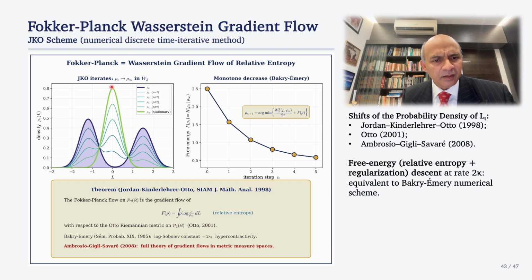The stationary equilibrium, the stationary density. Now, on the right, you see the monotone decrease in free energy as we increase the iteration steps. So, free energy, which represents the relative entropy plus some regularization, descends at a rate of 2 kappa. That's equivalent to the Bakry-Emery scheme.